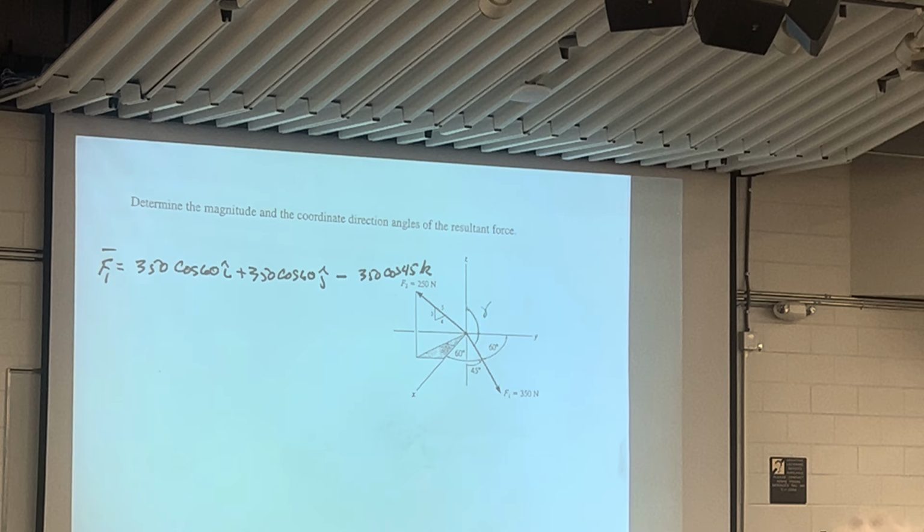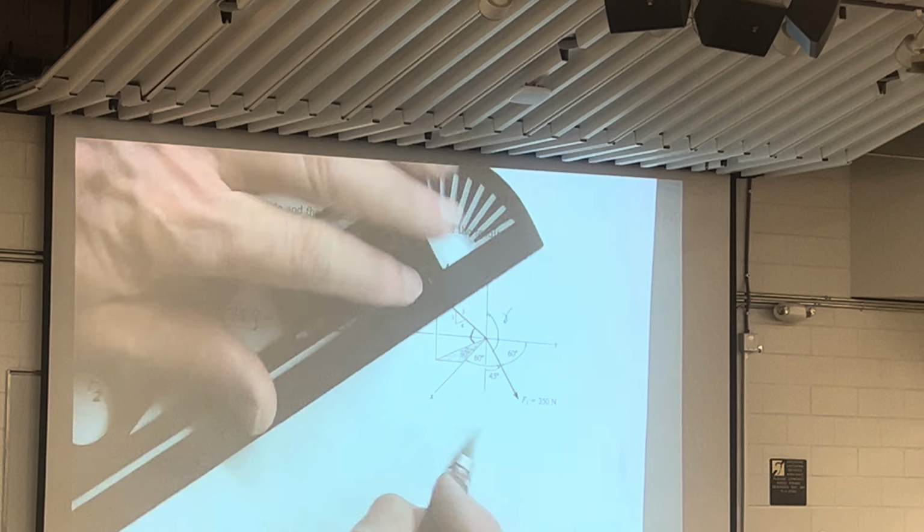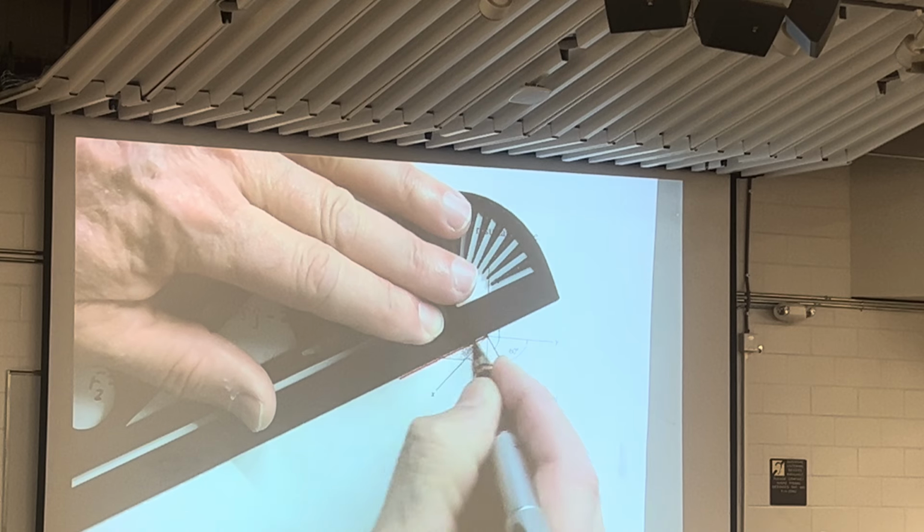Where is my line to nowhere? It's right here. There's my LTN. This has now put me on the line of nowhere.